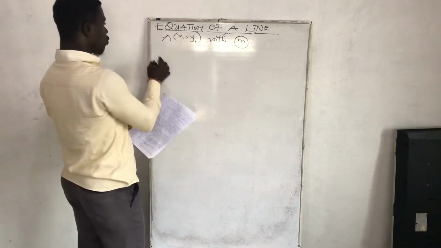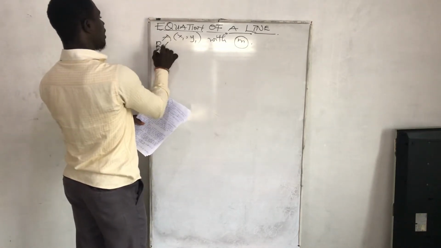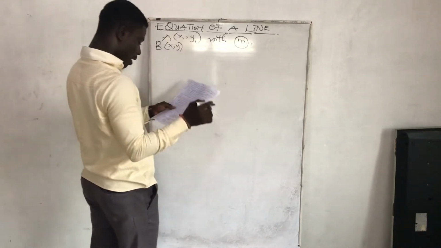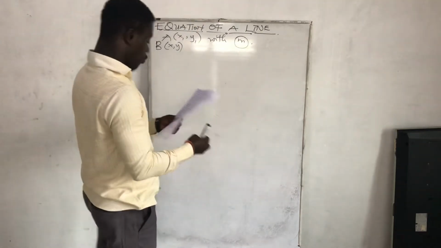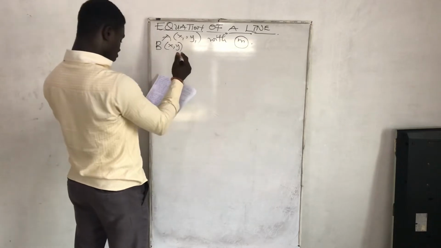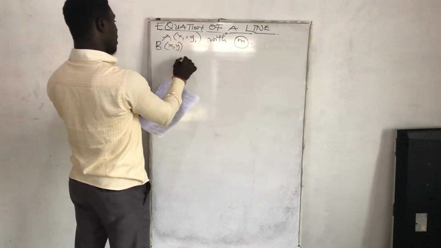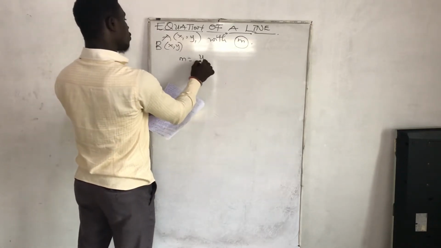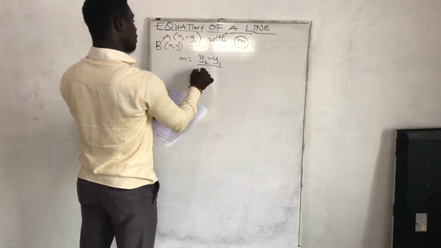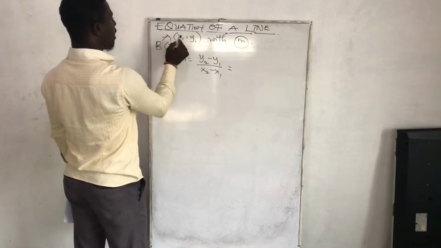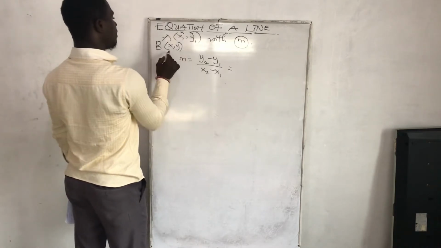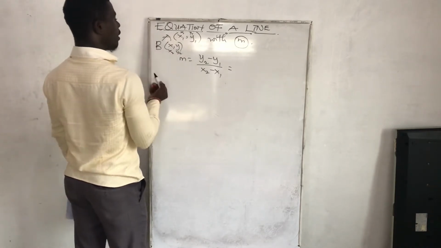Let point B, x y, be any other point on the line as shown. So we can find the gradient using that. We can say that m equals y2 minus y1 all over x2 minus x1. So now this one is our x1, y1, then let's say x2, y2, right?